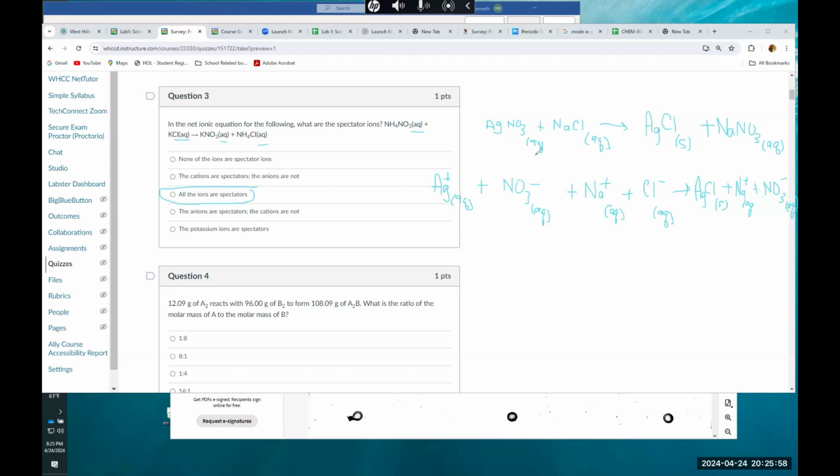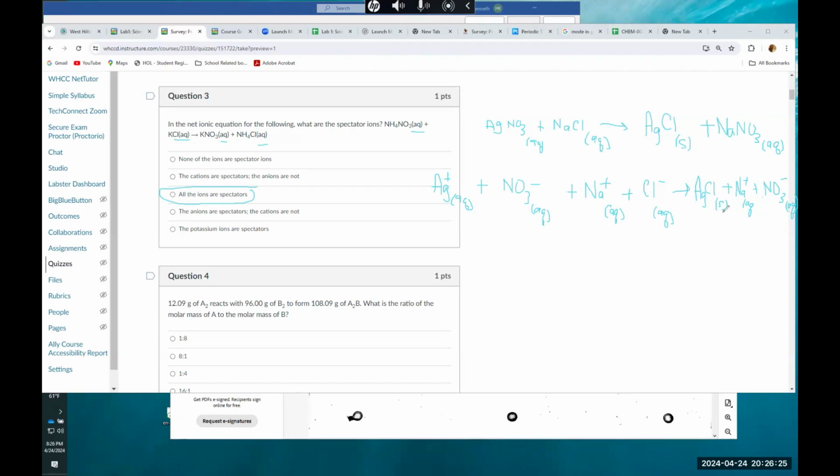Anytime that you have aqueous, aqueous, they're spectators, meaning that they're not going to bond with anything, because the only time they bond with something is when they form a solid, liquid, or a gas. In this case, chlorine and silver bonded together to form a solid, right?